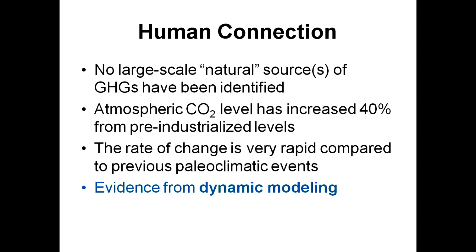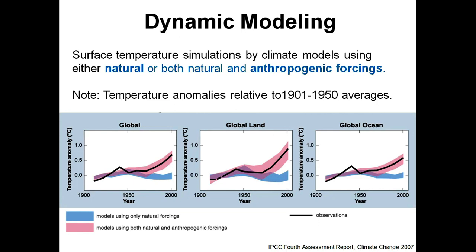And the most compelling recent evidence is coming from dynamic modeling. So let's focus more on the dynamic modeling. Climate scientists are using existing information and computer simulation models to predict future scenarios or to reconstruct some of the climate scenarios.